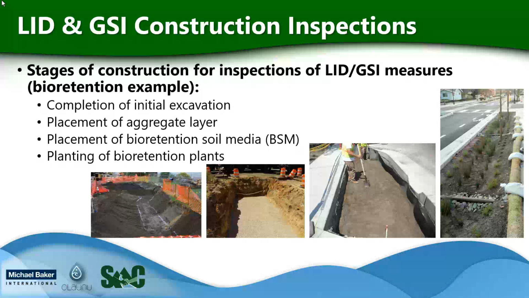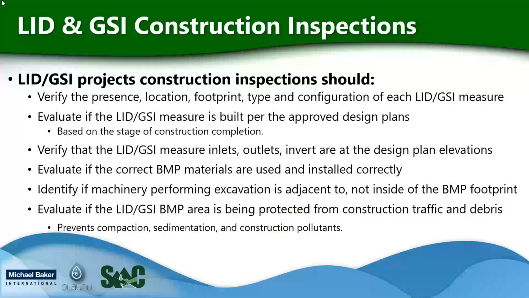LID and GSI project construction inspections should include verification of the presence, location, footprint, type, and configuration of each LID GSI measure, evaluate if the LID GSI measure is built per the approved design plans, and that's based on the stage of construction completion, verify that the LID GSI measure inlets, outlets, and invert are at the design plan elevations, evaluate if the correct BMP materials are used and installed correctly, and identify if machinery performing excavation is adjacent to and not inside the BMP footprint, because that can cause compaction.